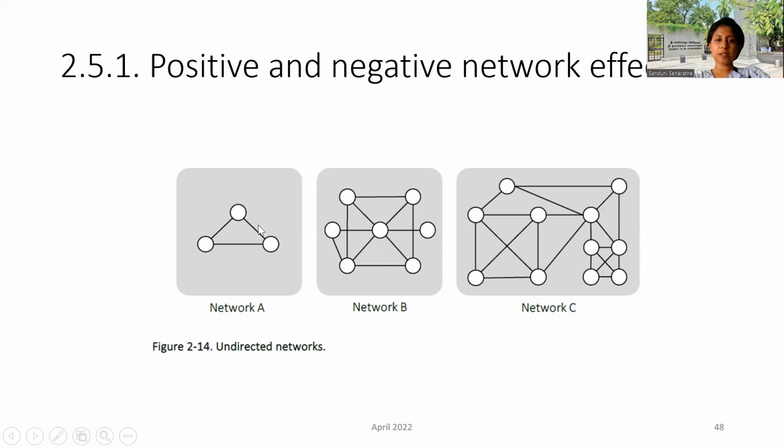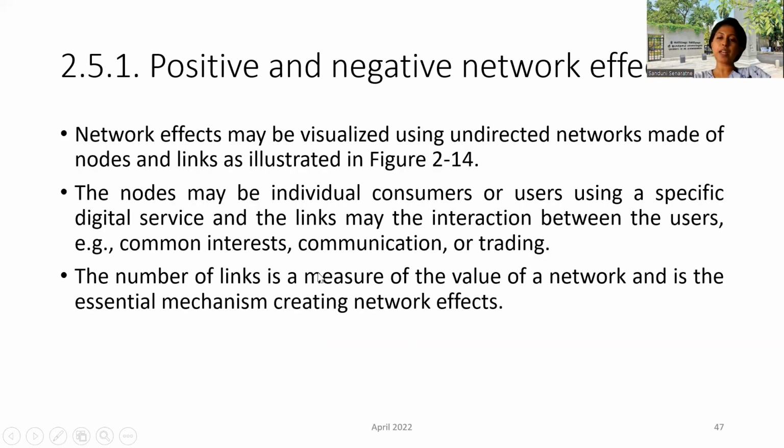So these links represent the interconnection or the link or the let's say the relationship, right, between these individual users in a network, right? For example, here we have provided common interests, communication or trading.